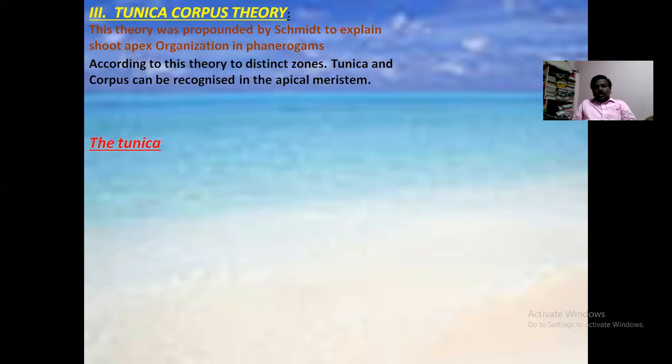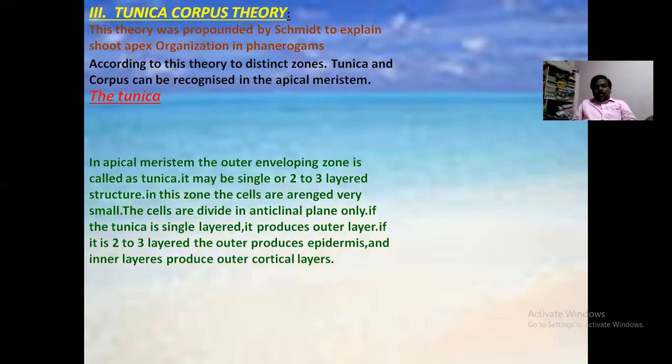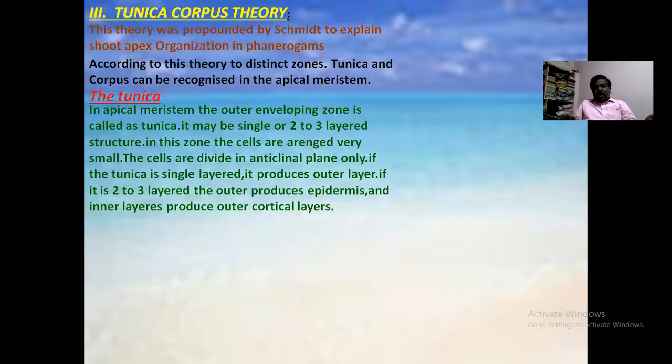The tunica. In the apical meristem, the outer enveloping zone is called the tunica. It may be a single layer or two to three layered. In this zone, the cells are small and divide in the anticlinal plane only. If the tunica is single layered, it produces the epidermis.